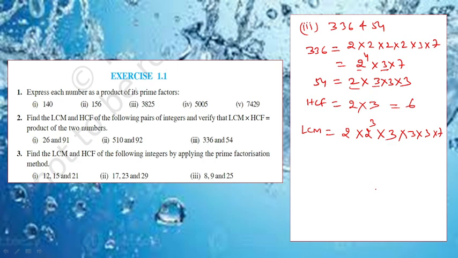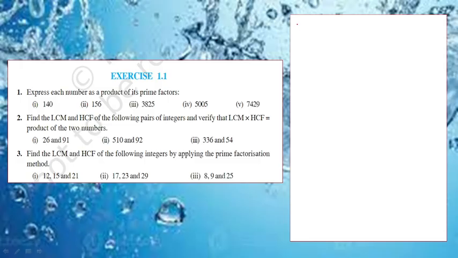Okay, right. So that will be the LCM. So we can say that 2 to the power 4 is 16, into 27 into 7, and this is 3024, the LCM. Right? Yes. Let us go to question number 3.